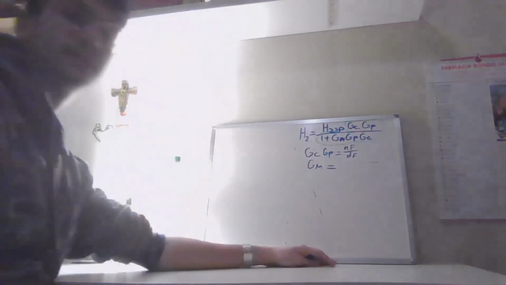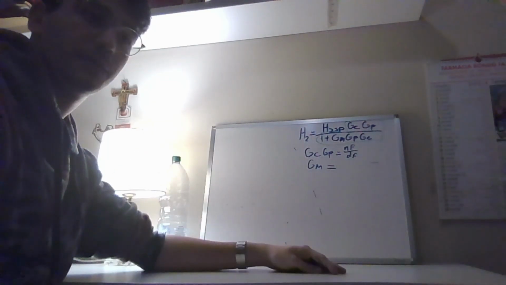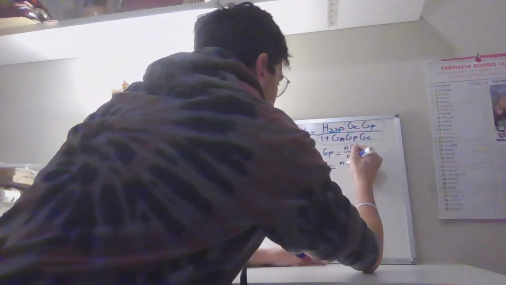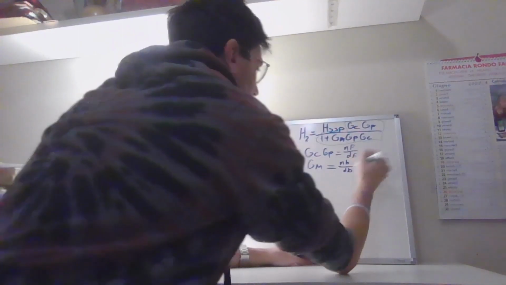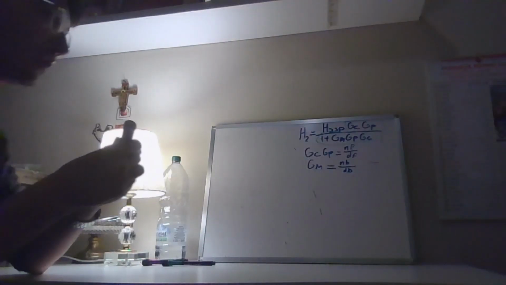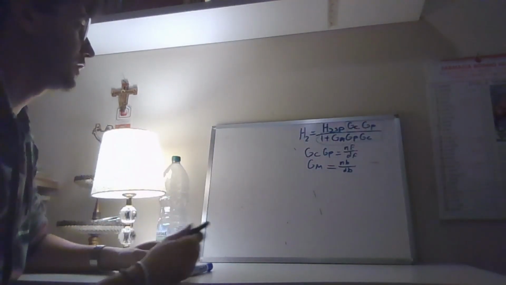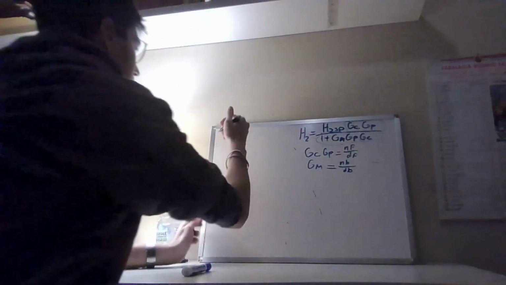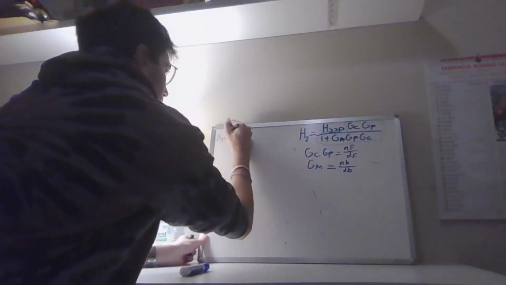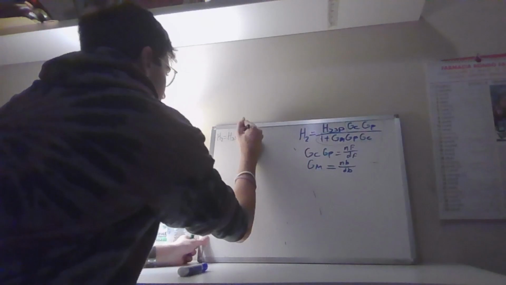And our GM is going to be the exact opposite. It's our reverse reaction, or backwards. So it's going to be NB for numerator backwards and DB for denominator backwards. So now that we have those values, we can plug those back into here. And for now, I'm just going to have H2 equals H2 SP up here.